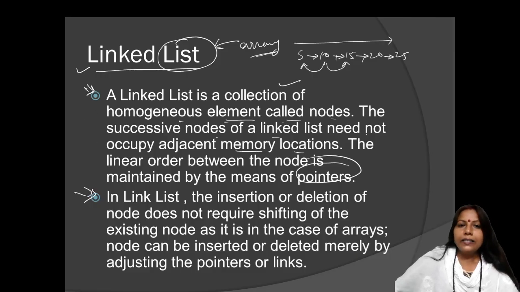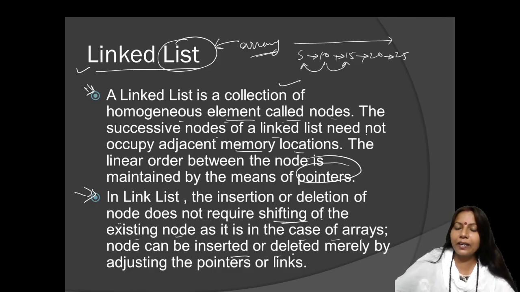In the linked list, the insertion or deletion of a node does not require shifting of the existing nodes, as it is in the case of array. A node can be inserted or deleted merely by adjusting the pointer or link. आप देखे होंगे कि array के केस में if I try to insert or delete any element, in this case we need to adjust elements, but in the linked list case there is no need to adjust our elements like this.